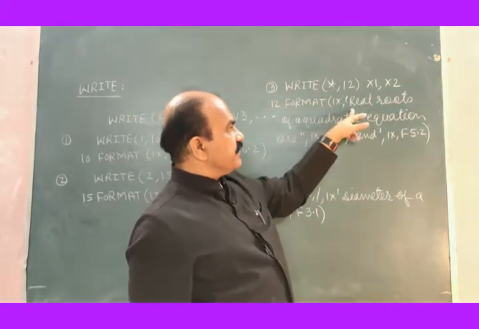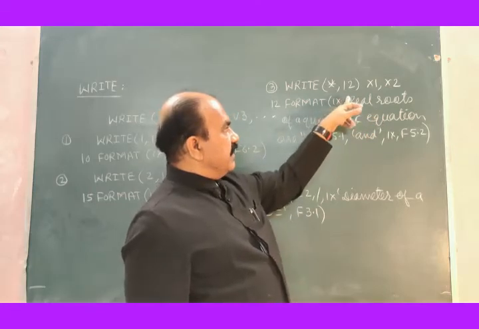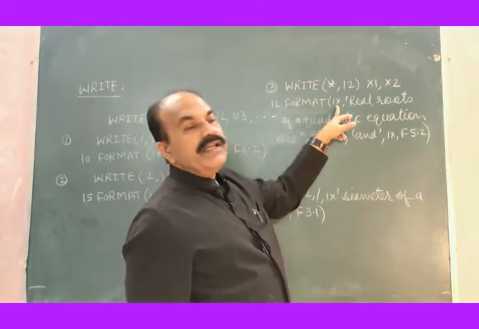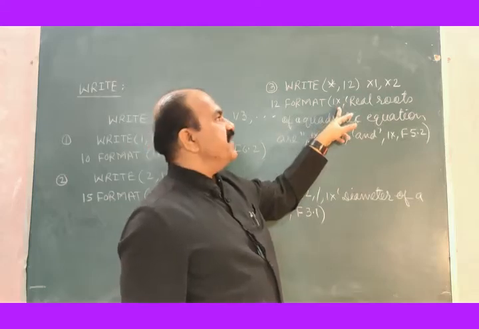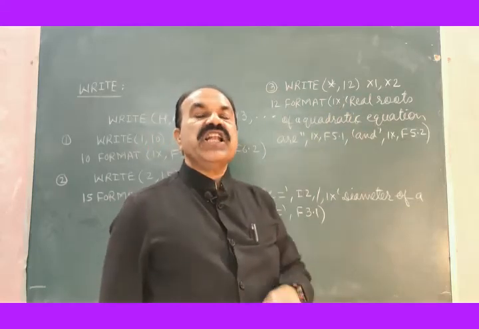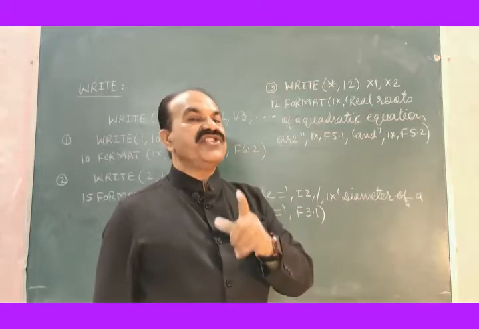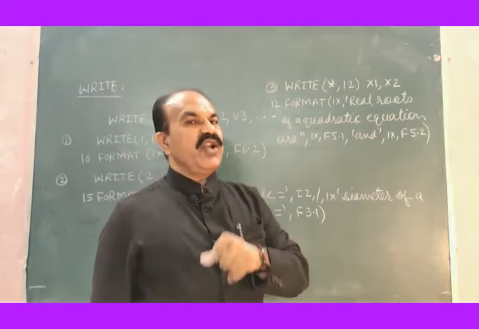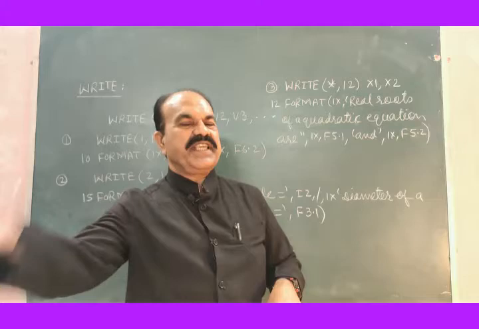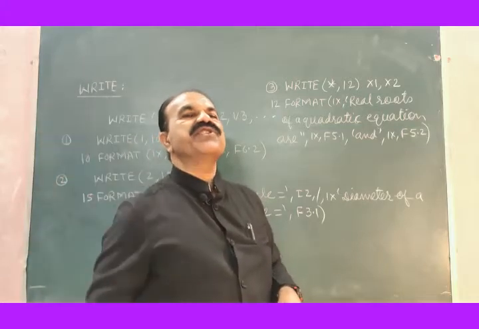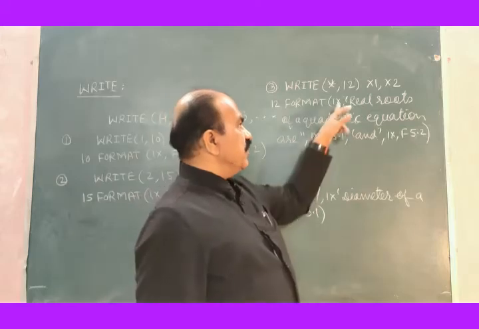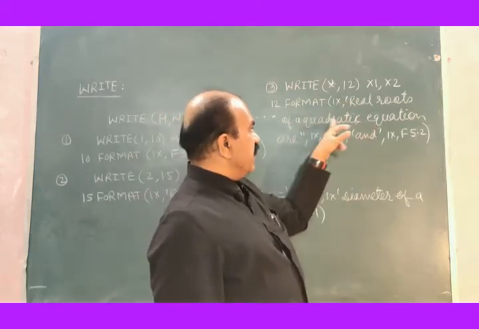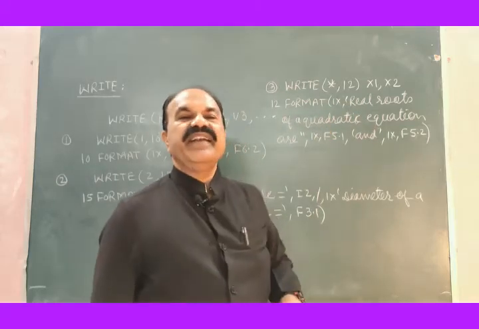Format 1x. In the first line of output, the first column is skipped by this 1x, which is generally meant for carriage return. To avoid loss of our output, we skip the first column and leave it for carriage return. Whatever is in the single quotes will be printed as it is.